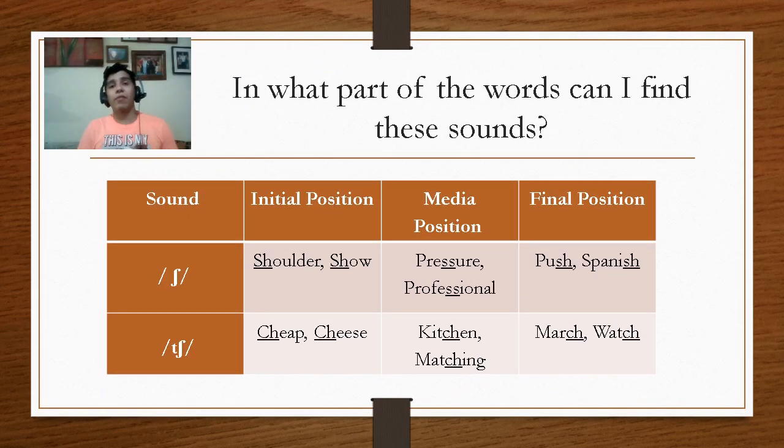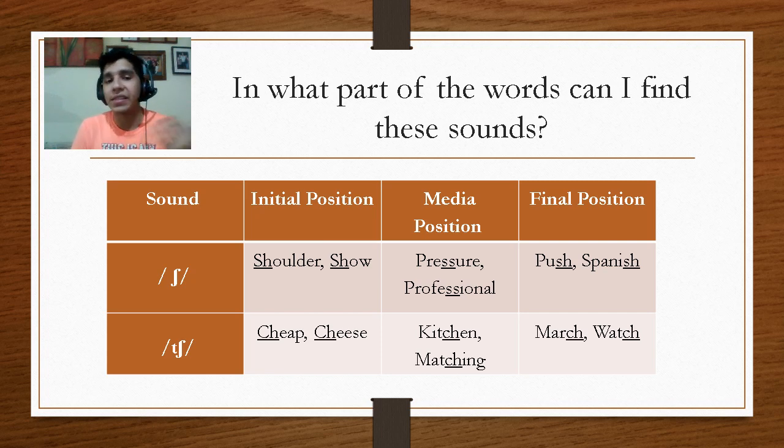In what part of the words can I find these sounds? The sound sh and the sound ch, you can find in every position of the word, whether it will be the initial, the medial, or the final.